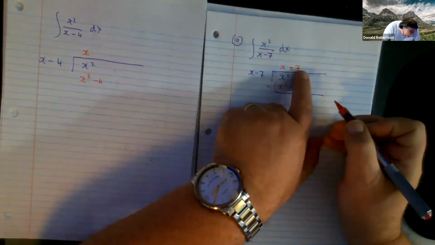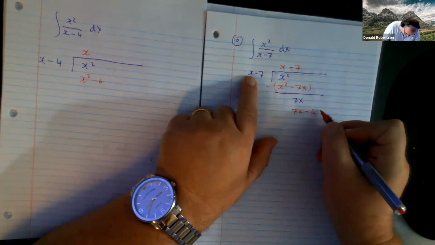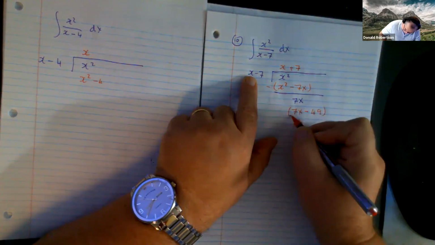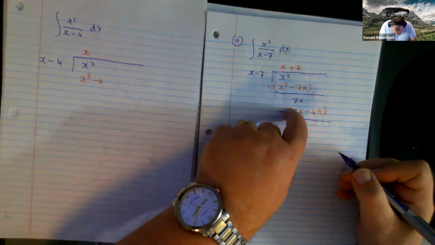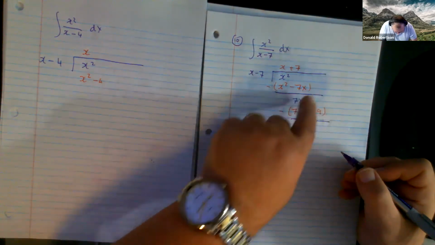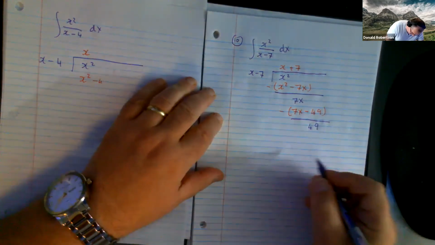Then you do 7 times this guy, and you get 7x, take away 49. Then you subtract that. 7x take away 7x is gone, and nothing take away that guy gets you positive 49. Now you can stop.